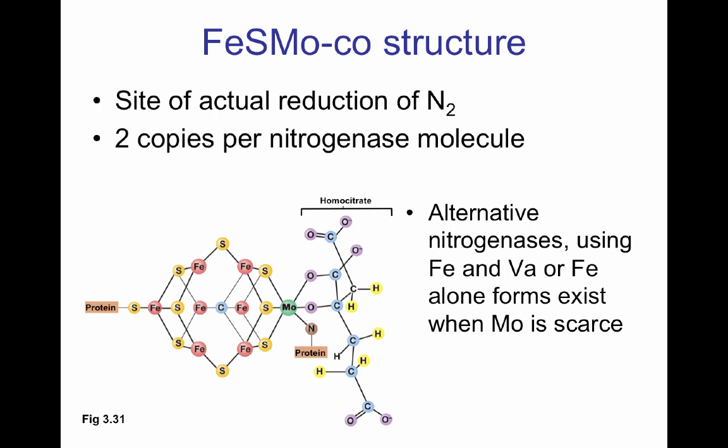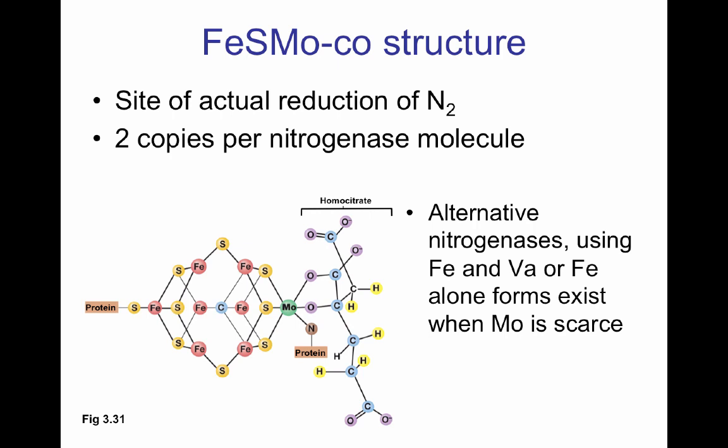Here, to remind you, is an example of the iron, sulfur, molybdenum coenzyme that is part of the nitrogenase enzyme. So this is the part that is actually going to work to reduce nitrogen gas. We have 2 of these molecules per enzyme, and depending on the enzyme, this little molybdenum atom that is present here could be changed for either an iron or a vanadium, or sometimes iron alone, especially when molybdenum is scarce.